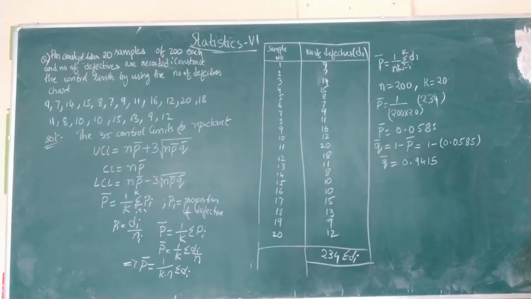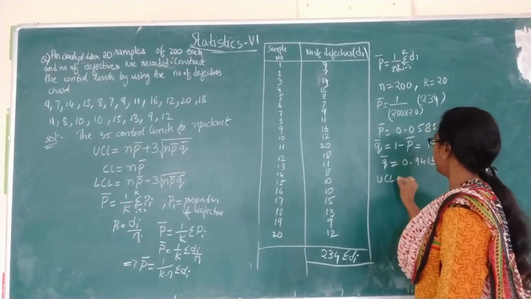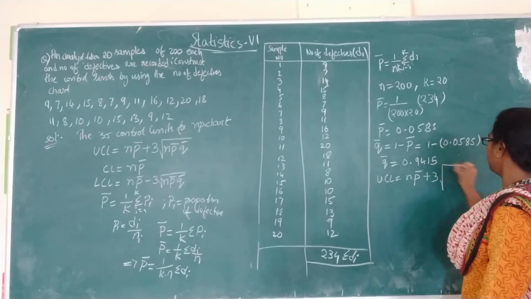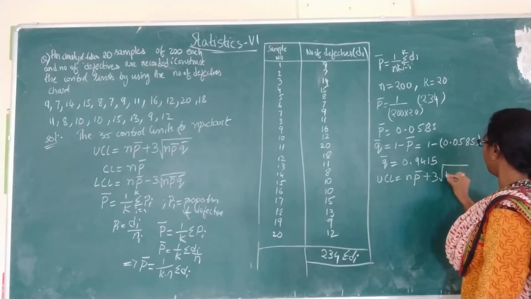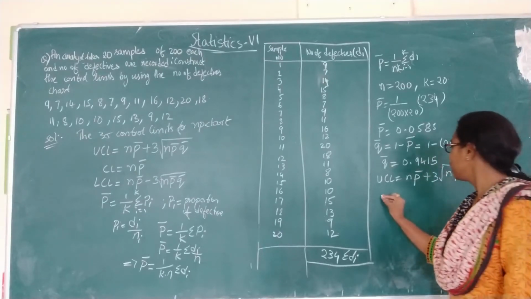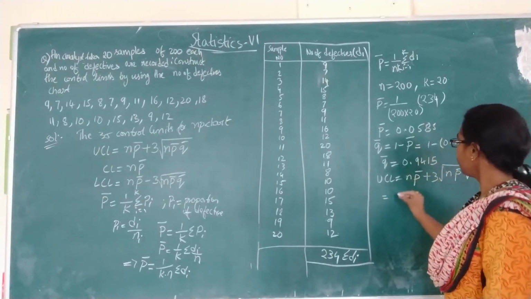Next we have to get the UCL, CL and LCL values. Now what is the UCL formula? UCL equals n P bar plus 3 into under root n P bar Q bar. So substitute all the values. N value is 200.